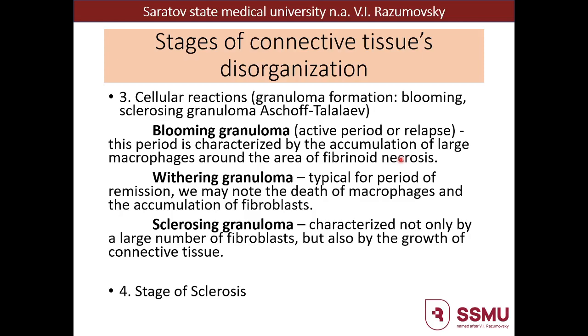The third stage is the stage of sclerosing granuloma, and we may see a large number of fibroblasts in the pathological area and young connective tissue fibrils here. Development of this process will lead to the fourth step, degeneration of connective tissue to the stage of sclerosis.